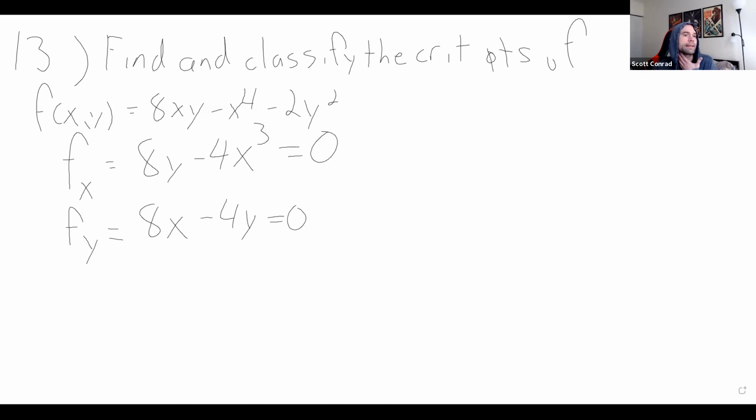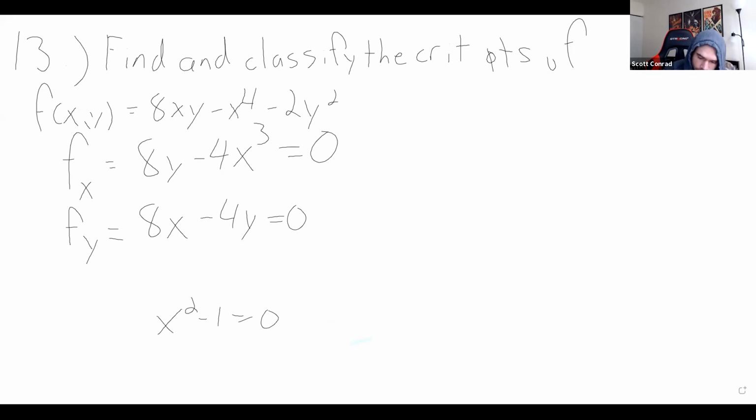So for instance, if we had x squared minus 1 equals 0 for one of them, that would tell us x has to be plus or minus 1.